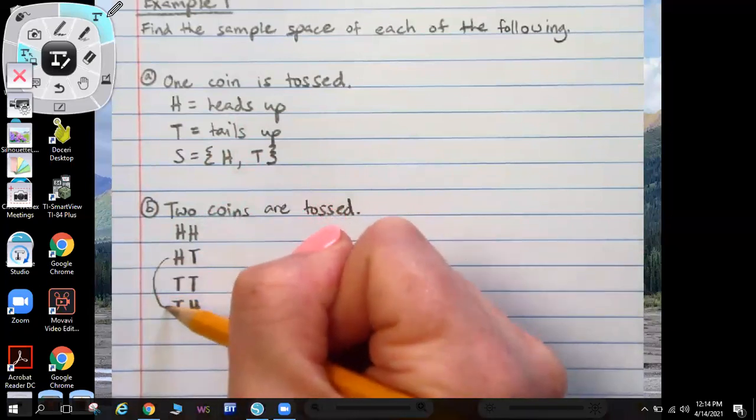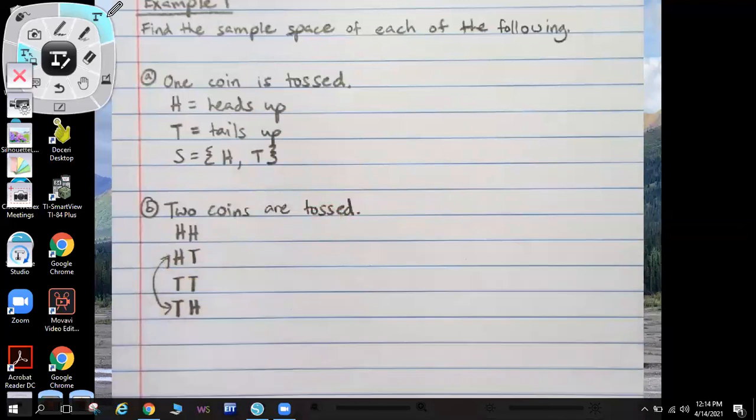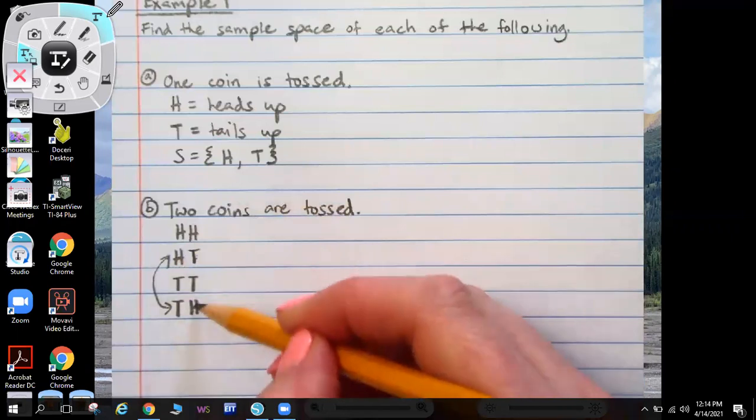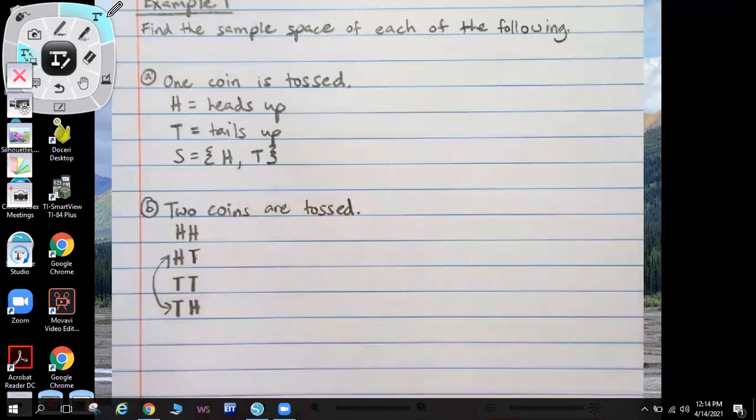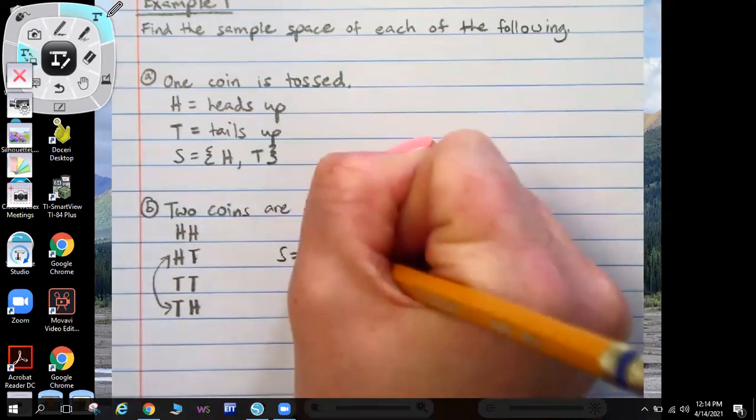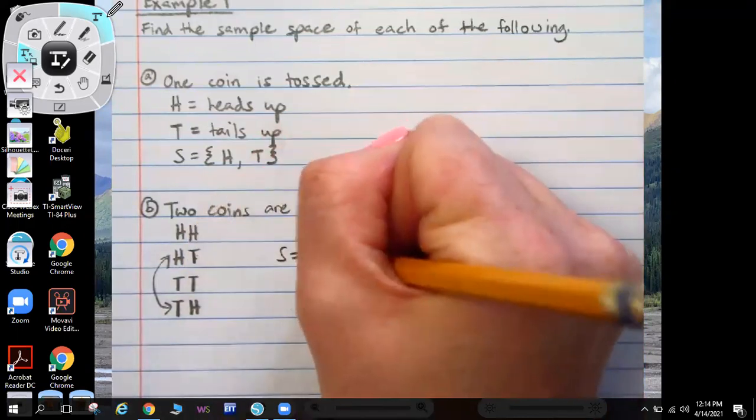You might think that these 2 outcomes are the same because one lands on heads and one lands on tails, but it does matter which one lands on which. So these are technically 2 different outcomes that we could have because there's 2 different coins. The first one could land on heads and the second on tails, or the first one could land on tails and the second one land on heads. We have to list both of those as outcomes, even though it looks like it's the same thing. Okay, so our sample space is just going to list all 4 of these outcomes.